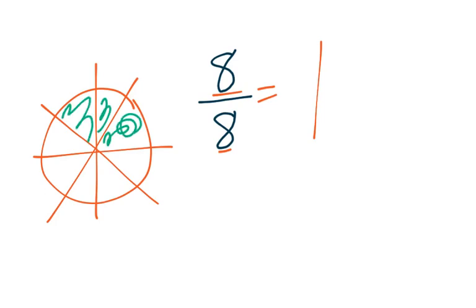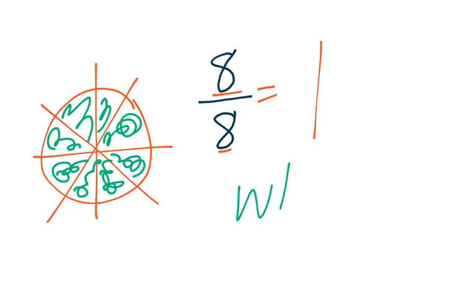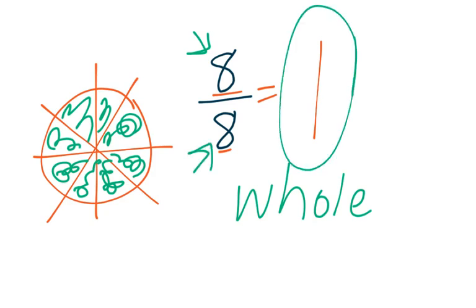You eat that one, and that one, and that one, and that one. You eat all of these slices. How much of your pizza have you eaten? Well, you've eaten the whole thing. Any fraction with the same number in the numerator and the denominator is equal to 1 whole. And it simplifies to 1 whole.